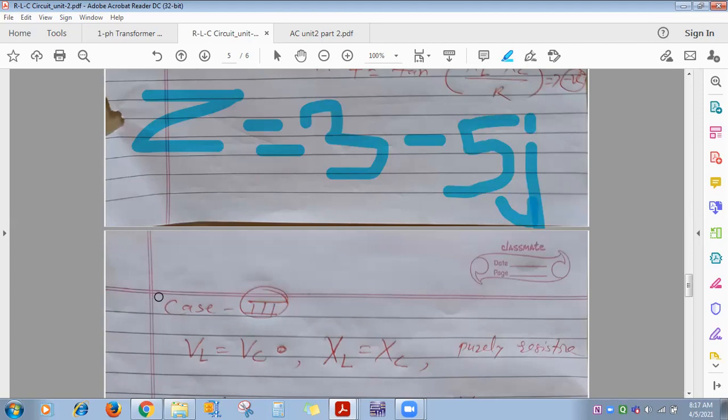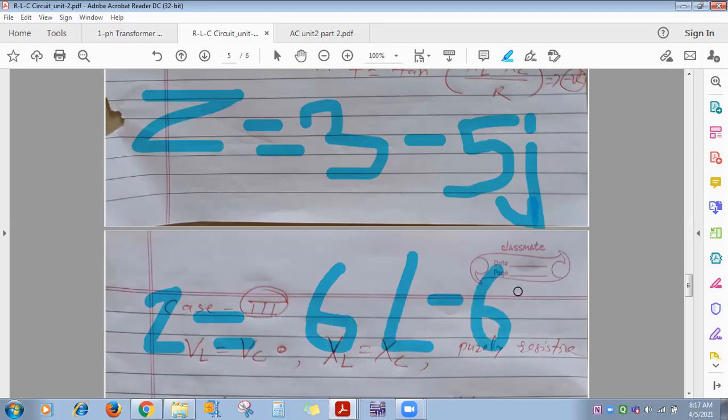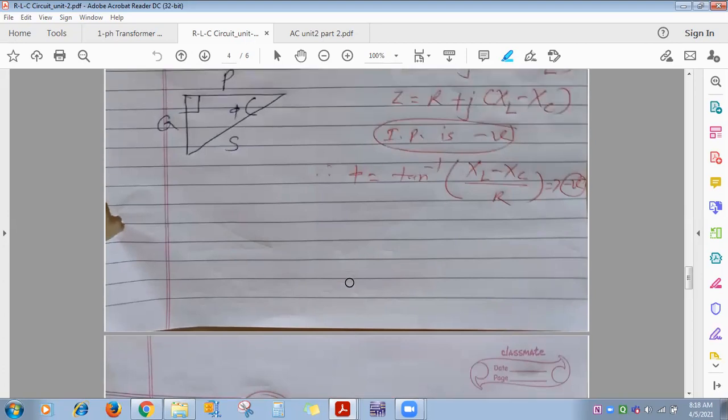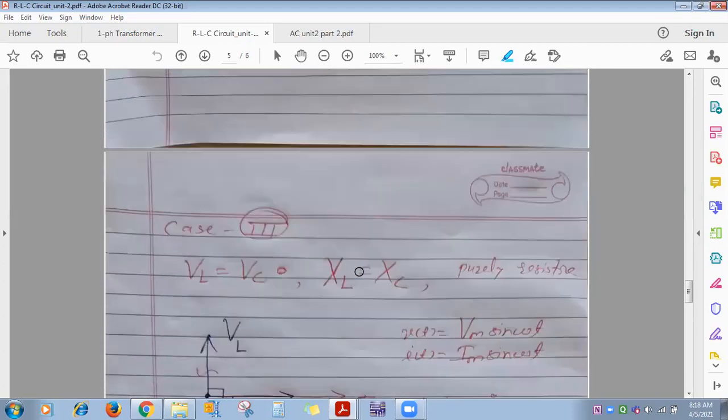Or if it is given in polar form, for example 6 at an angle of minus 60 degrees, the angle is negative, so it is a series RLC with more capacitive, because phi is negative. Like this, by comparing Z in rectangular or polar form, you can conclude whether it is more inductive or more capacitive.